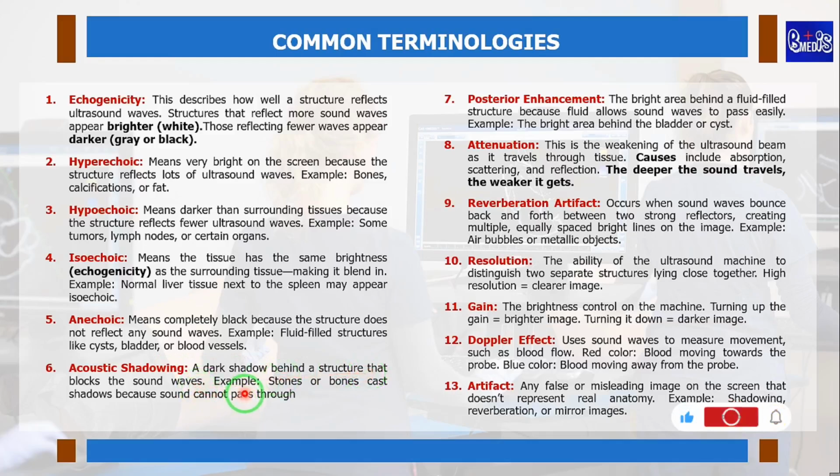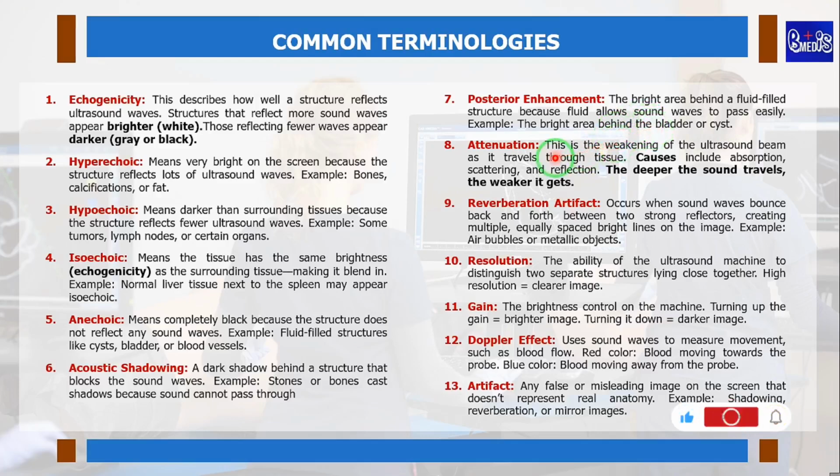Examples are stones or bone casting shadow because sound cannot pass through. Then we have posterior enhancement, the bright area behind a fluid-filled structure because fluid allows sound wave to pass easily. An example is the bright area behind the bladder or cyst.